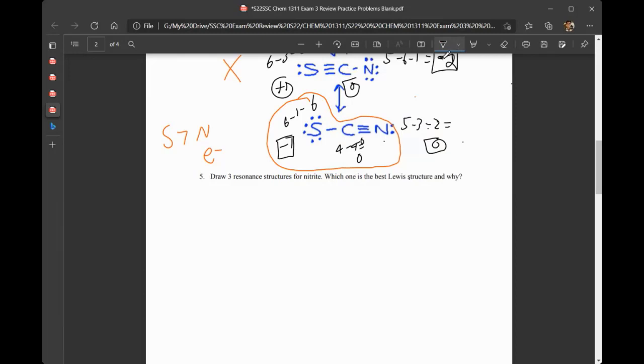We have the structure for nitrite, which is NO2 minus. Two structures I can think of off the top of my head are this one, and that's one structure, but that can resonate and do this.